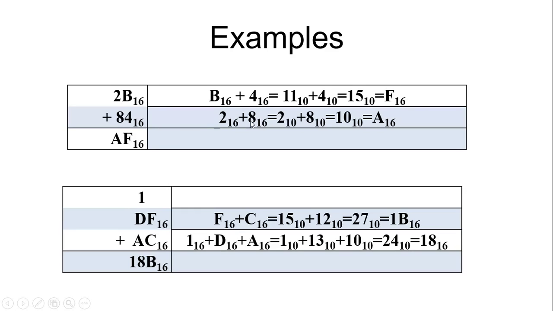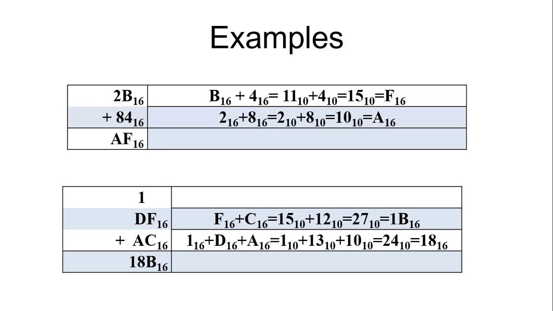So 2 in hexadecimal plus 8 in hexadecimal: 2 is equal to 2 in decimal, 8 is equal to 8 in decimal. So 2 plus 8 equals 10, and decimal 10 is equivalent to a in hexadecimal. So this is the sum of these 2 hexadecimal digits.